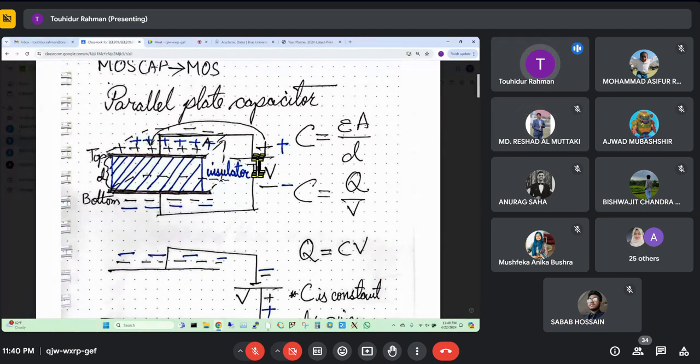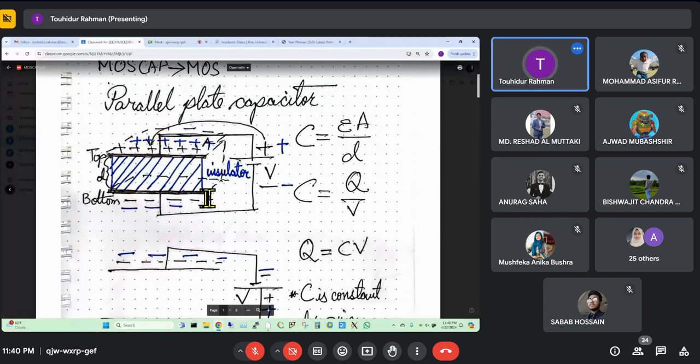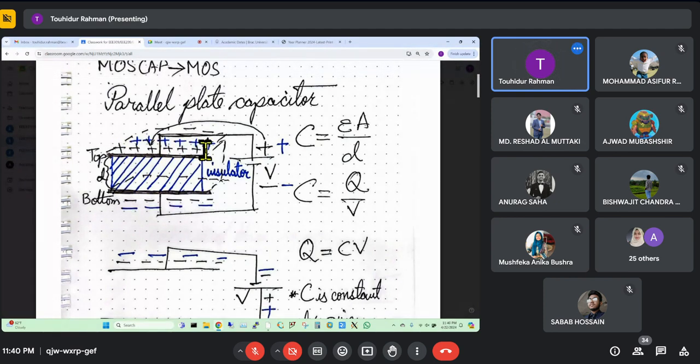Okay. If we apply a certain voltage, V, for that particular voltage, there will be some positive charge at this terminal and some negative charge at this terminal, identified with this black color. For that particular voltage and charge, there will be certain positive charge at the top plate and certain negative charge at the bottom plate as defined by the black color.